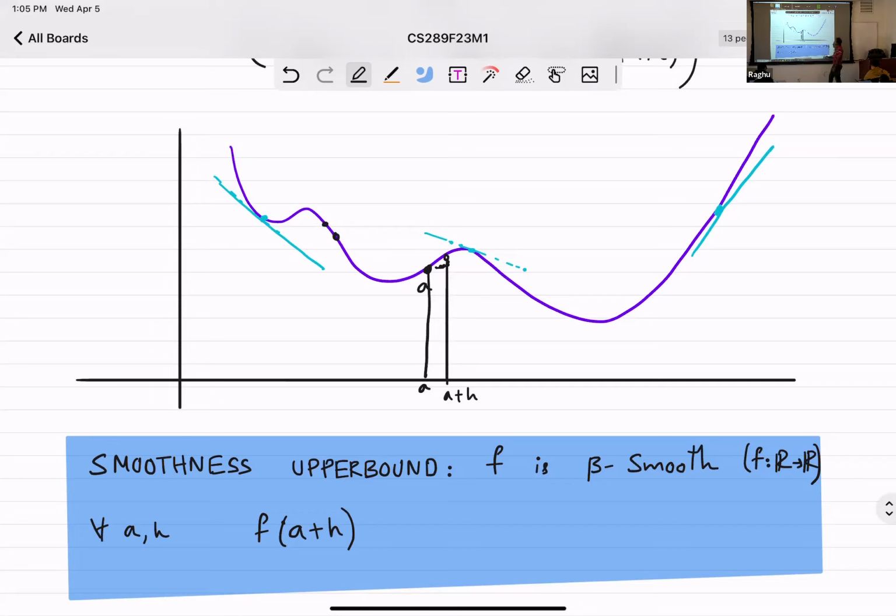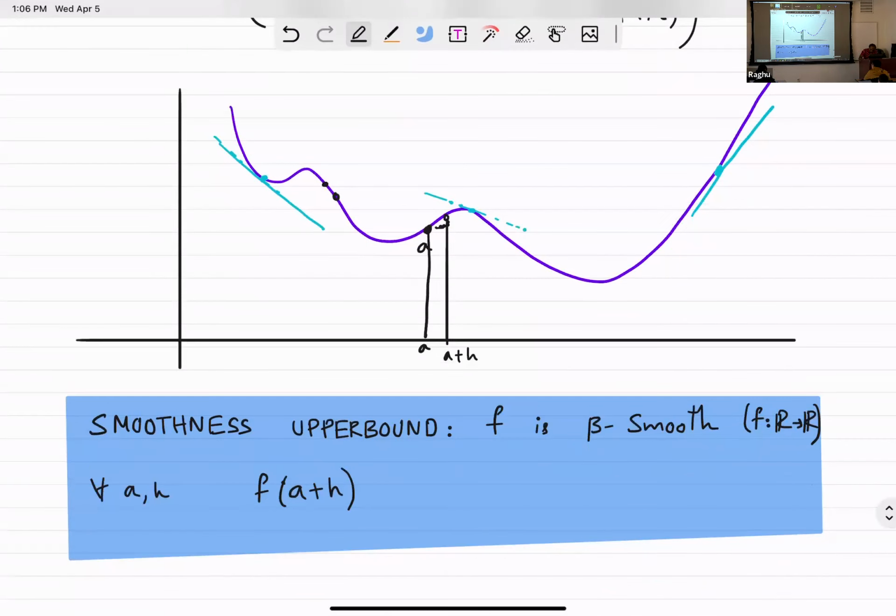Smoothness tells you, if you use some calculus, that f of A plus h is not much more than f of A. How much more can it be?